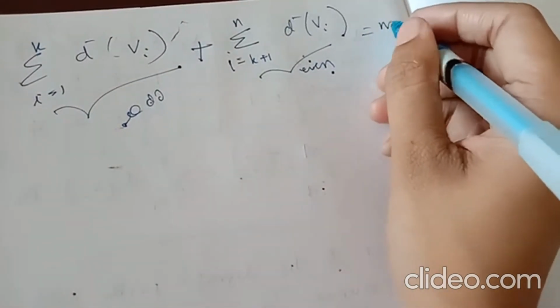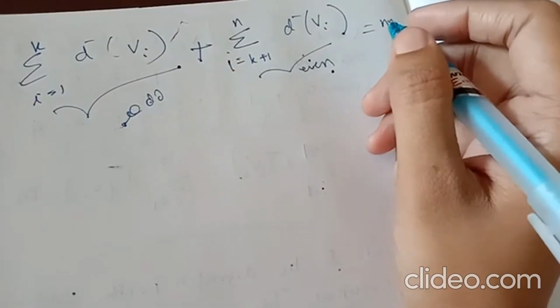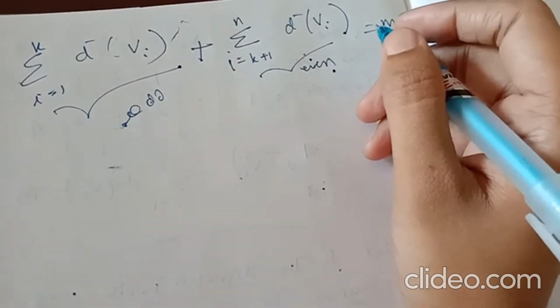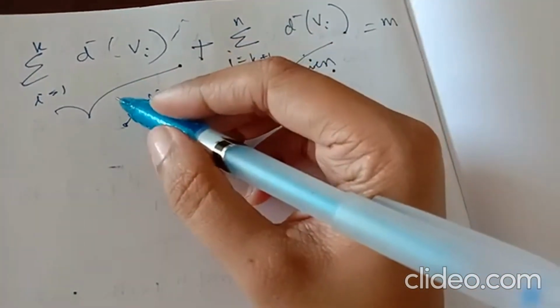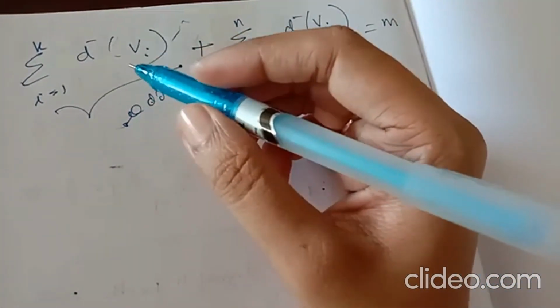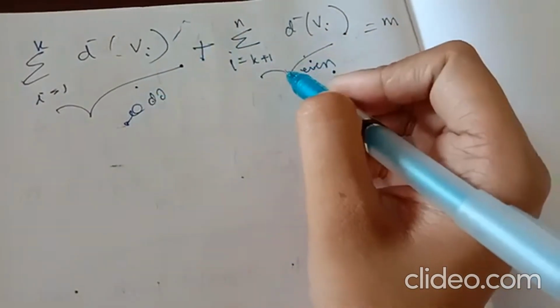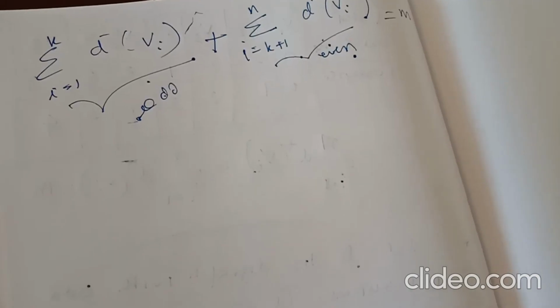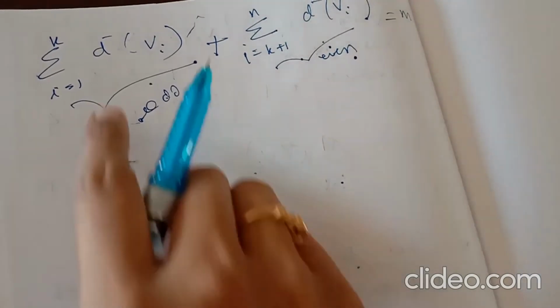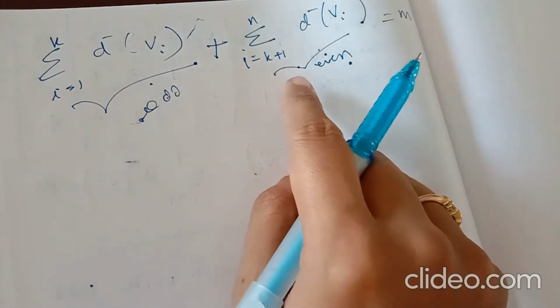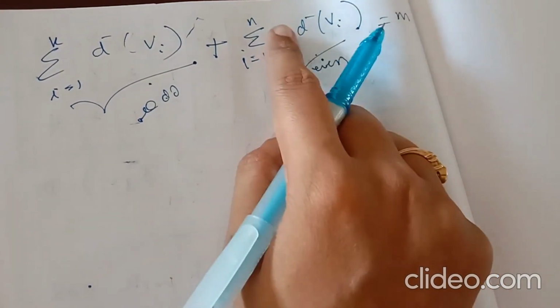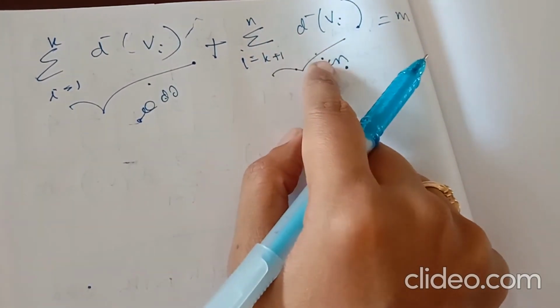And this sum is equal to the number of edges. So we are taking V1 to Vk as the vertices with odd in degree, and Vk plus 1, Vk plus 2 up till n as the vertices with even in degree.